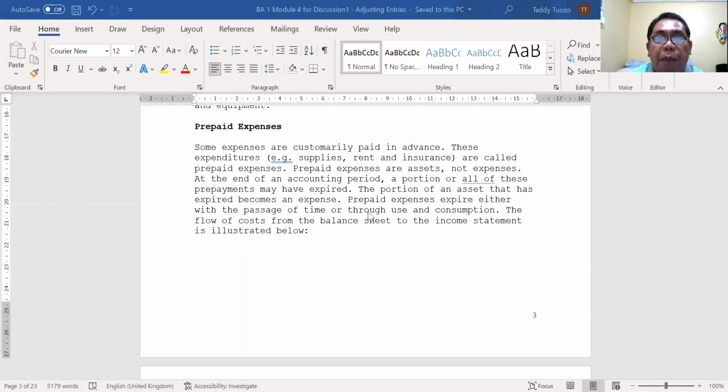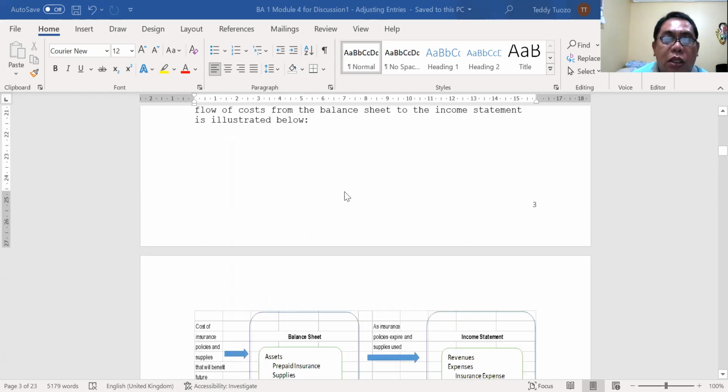At the end of an accounting period, a portion or all of these prepayments may have expired. The portion of an asset that has expired becomes an expense. Prepaid expenses expire either with the passage of time or through use or consumption. The flow of cost from the balance sheet to the income statement is illustrated below.